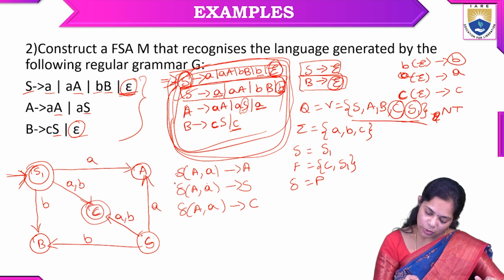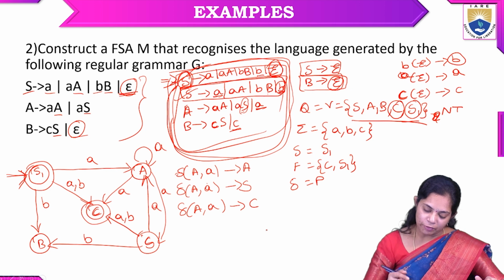From A, on A, it is reaching S, and it is also reaching the self state, and whenever we give A as an input, it is reaching the final state.